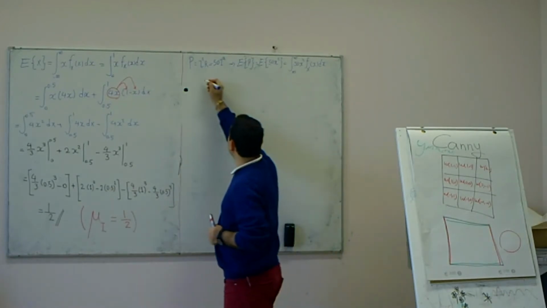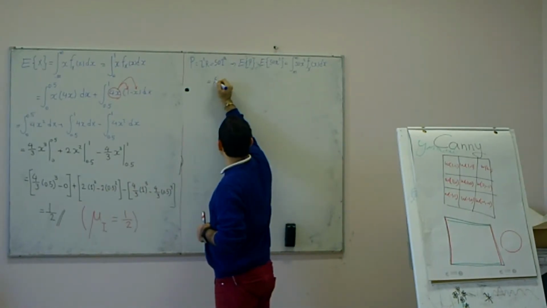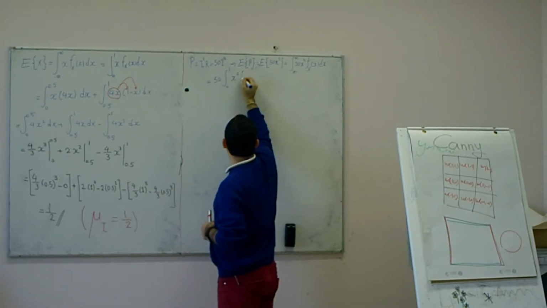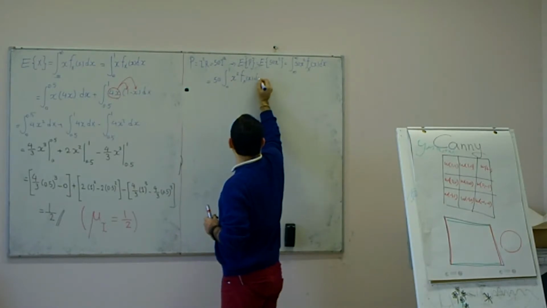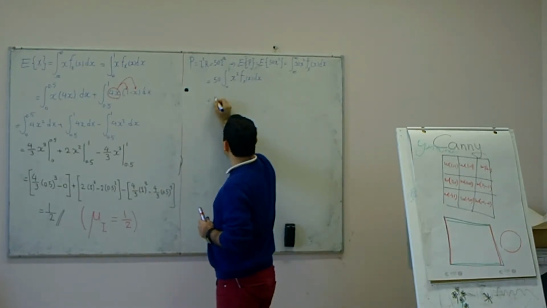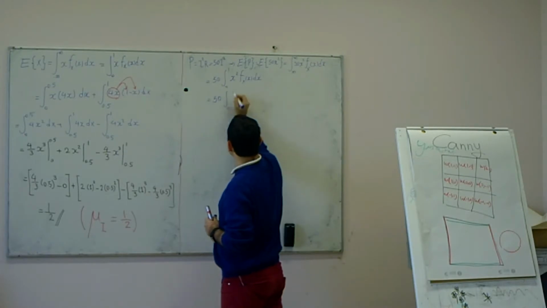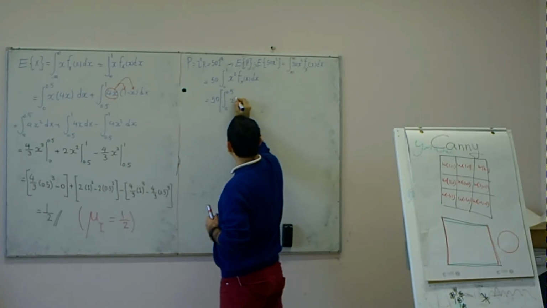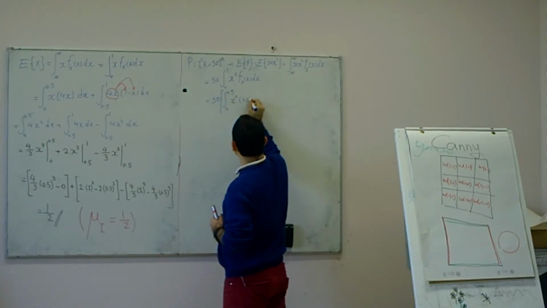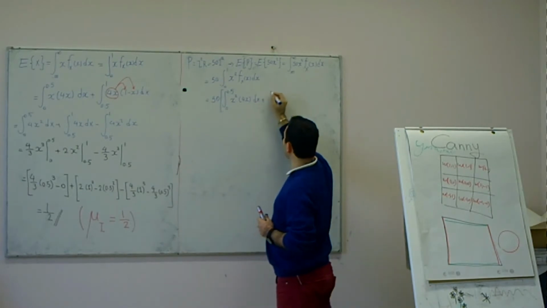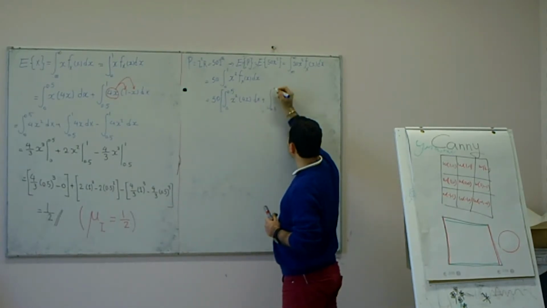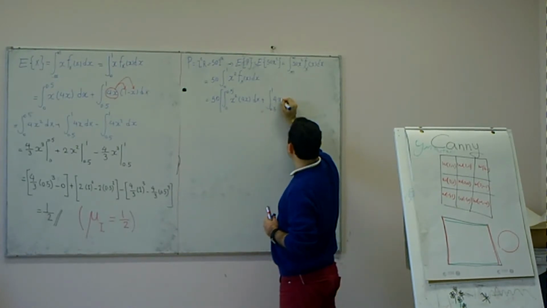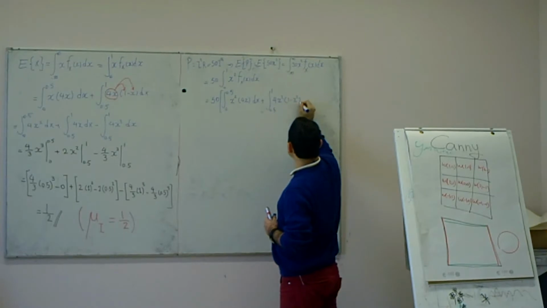So it will be 50 integral from 0 to 1 of x squared f(x) dx, which will be 50 integral from 0 to 0.5 x squared multiplied by 4x dx plus 0.5 to 1 of 4 x squared multiplied by 1 minus x dx.